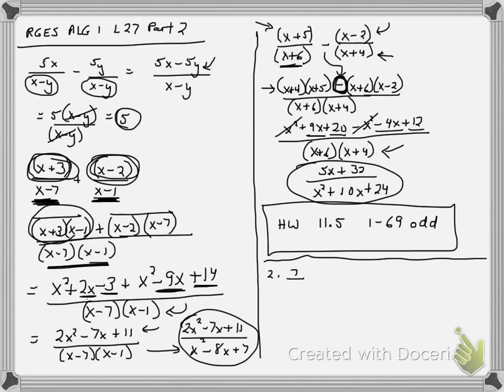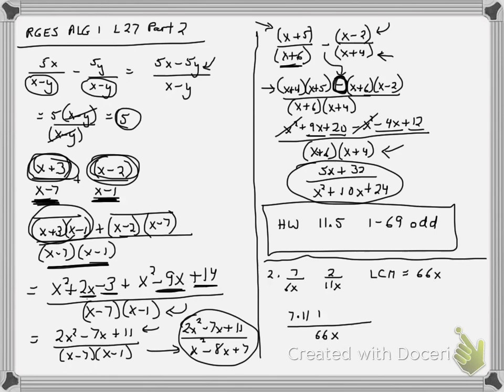So we have 7 over 6x and 2 over 11x. My common denominator, or my least common multiple, will be 6 times 11, or 66x. I have a 6x, so I need to multiply 7 times 11.